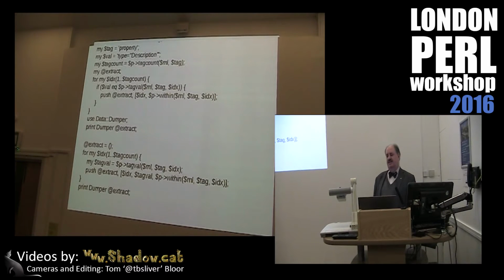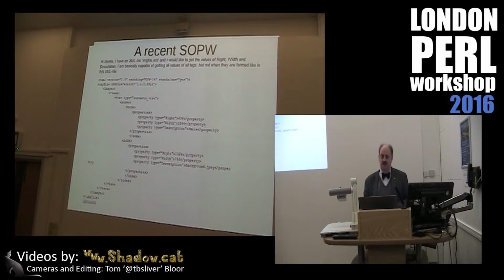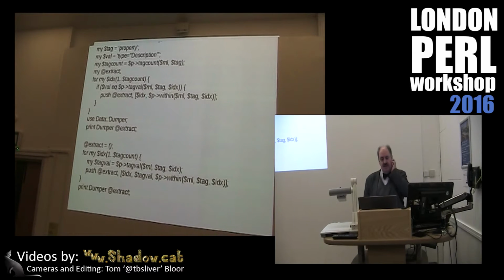In the first case, it's the description type. How many tags have we got? We've got 6. Let's look back at that. It's got 2 nodes, as he calls them, each with 3 properties. So 6 property tags in total.